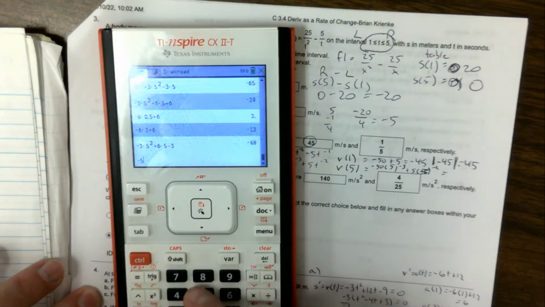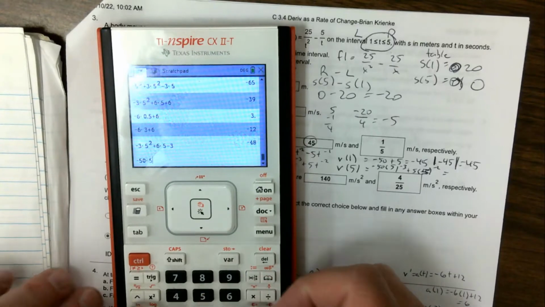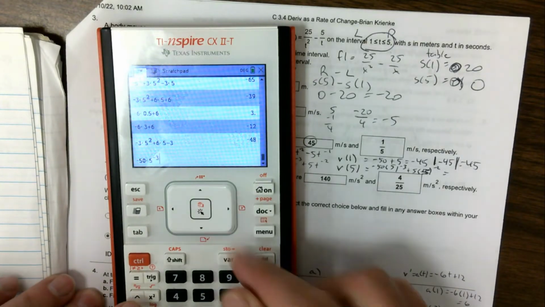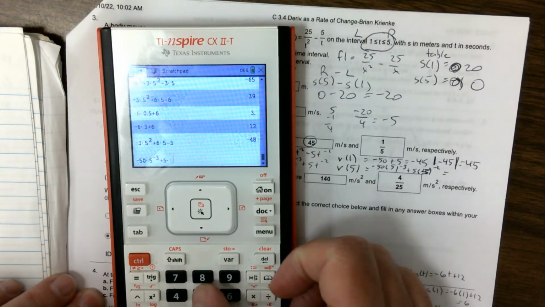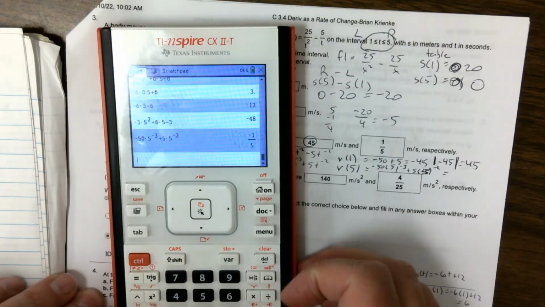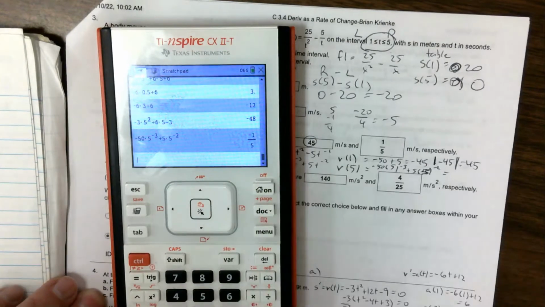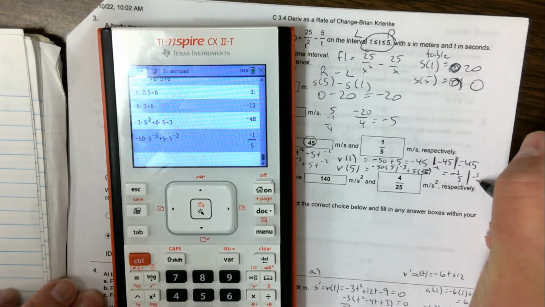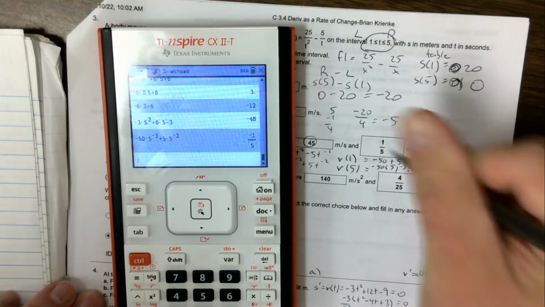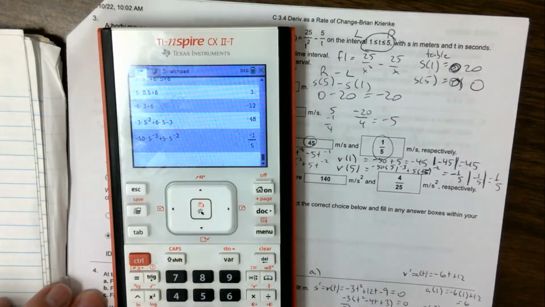Negative 50 times 5 to the negative 3 plus 5 times 5 to the negative 2. That gives me negative 1/5. And the absolute value of negative 1/5 is positive 1/5, which is why that's the answer.